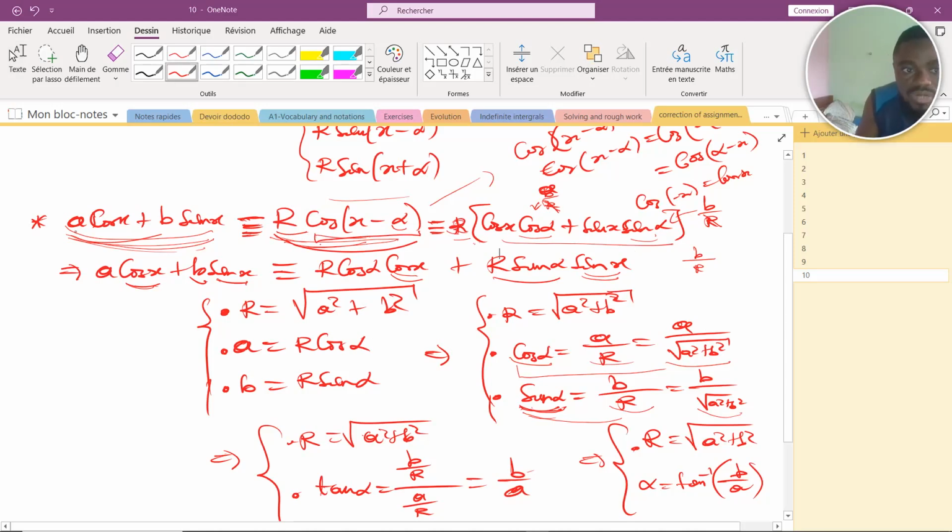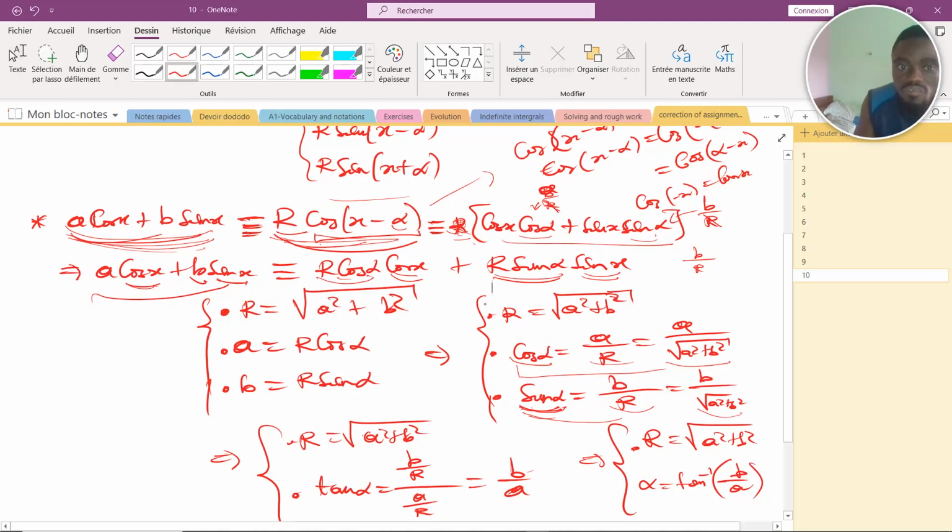From there, I'll write R cos alpha cos X plus R sin alpha sin X. I write it exactly in this form. I know that alpha is a real number, so all of this will be a real number.